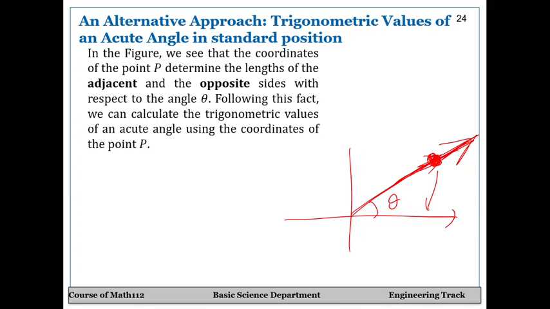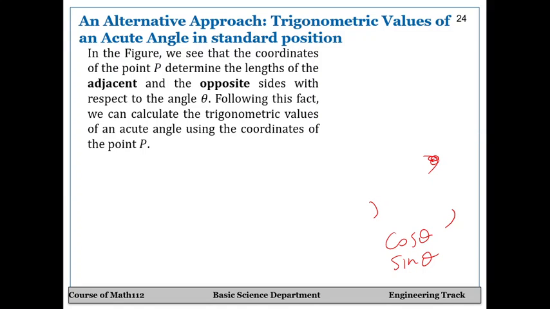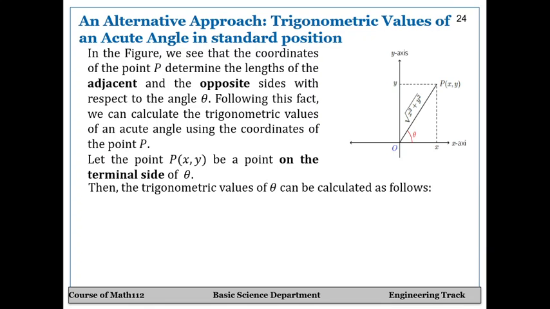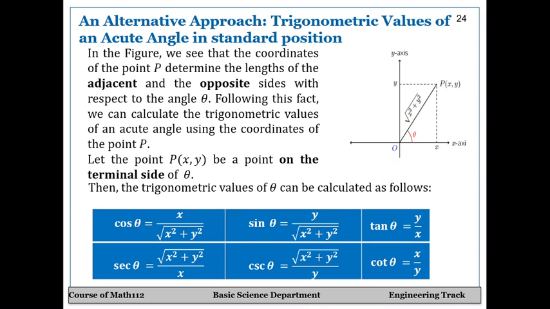Then by using this point, we try to get cosine theta, sine theta by using the components x, y. This is another approach. We use the Cartesian coordinate system, and we use the angle in standard position. And we can get the formulas for the angle if it is given this way.